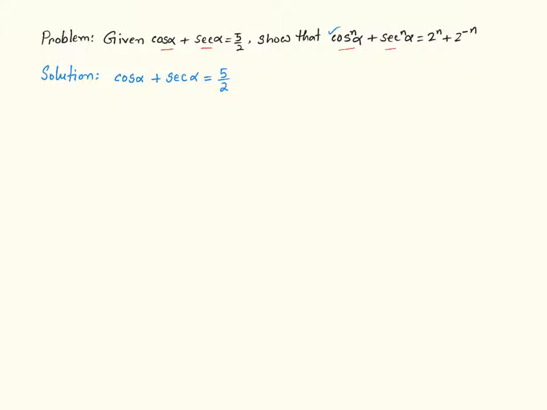So let's get started. We can write this as cosine alpha plus secant alpha, which is 1 over cosine alpha, as you know. That's going to be equal to 5 over 2. Now I am going to multiply both sides of this equation by 2 cosine alpha, maybe that's going to be easier.